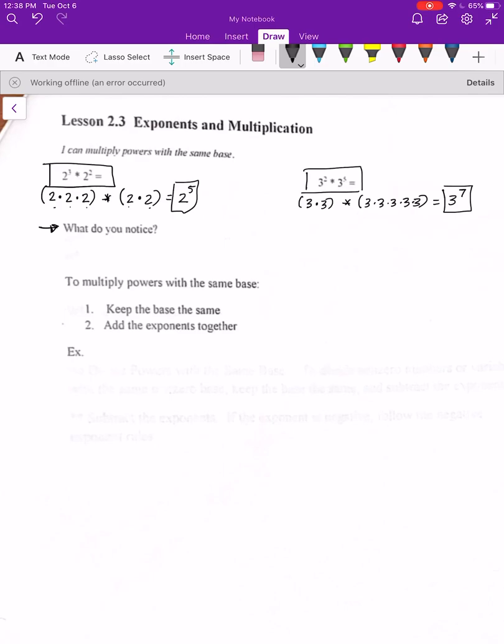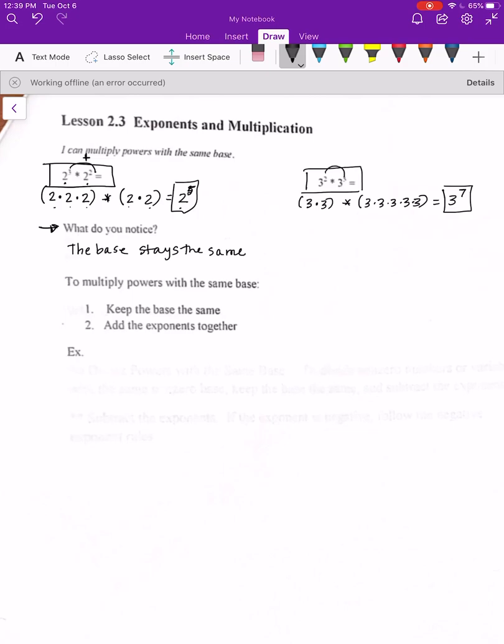What do you think? Did you notice that here the base was 2 and the base here was also 2? So hopefully you noticed that the base stays the same. And then, did you notice anything else? Did you notice that if you add 3 plus 2, your exponents, you get 5?